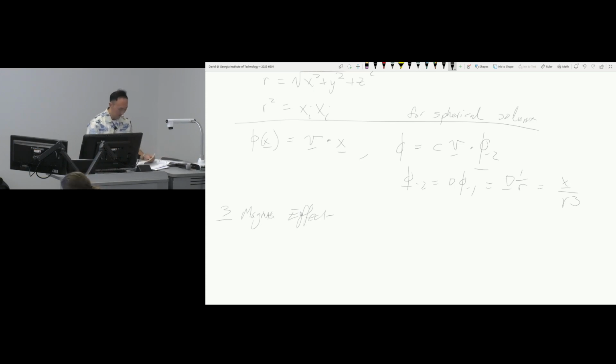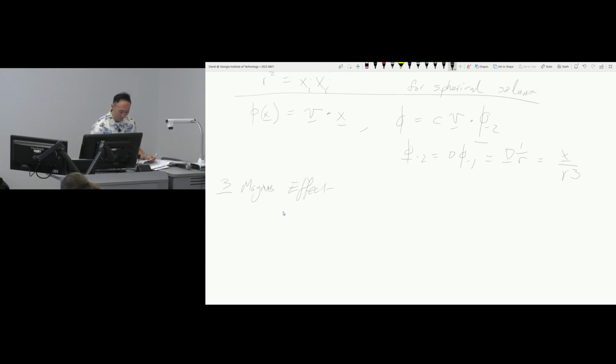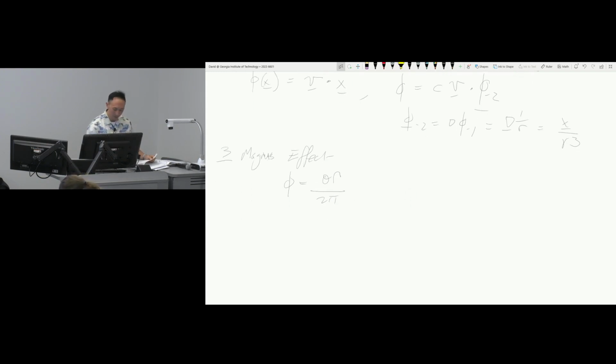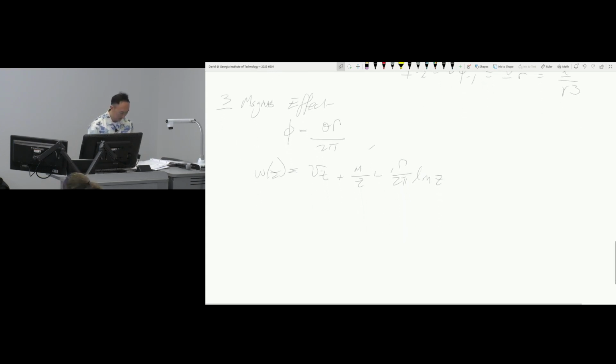I said phi is equal to theta gamma over 2 pi, and you need to use the complex potential here. So you have omega of z, what we just talked about in class: this constant times z plus m over z plus i gamma over 2 pi log z. That's what we talked about today.